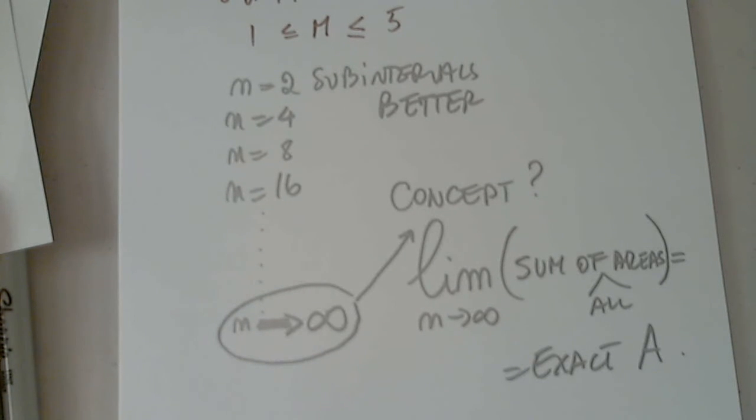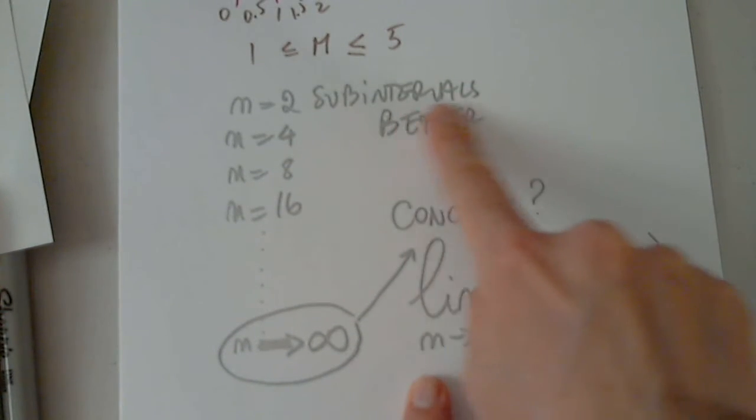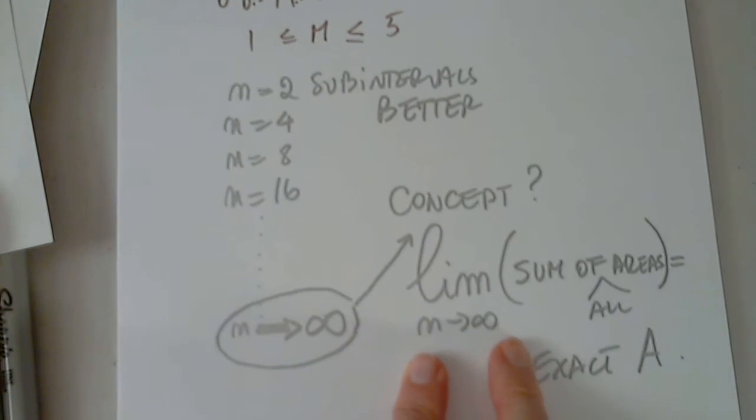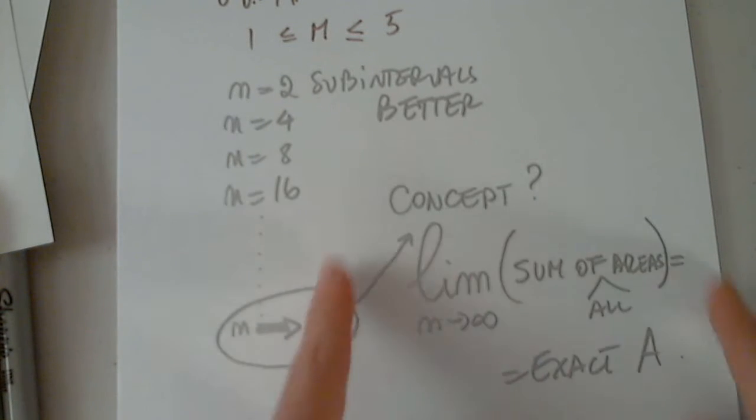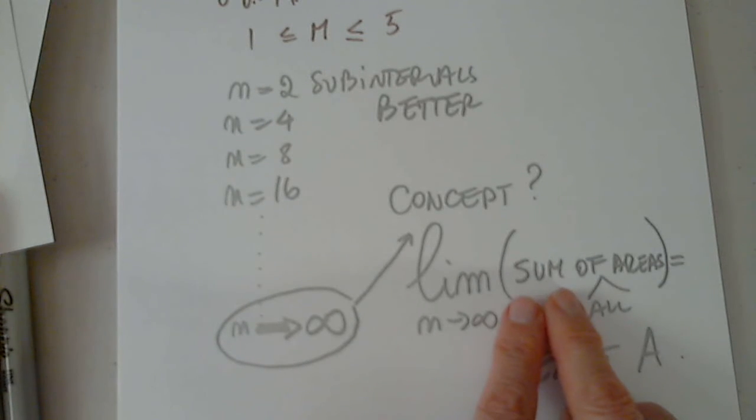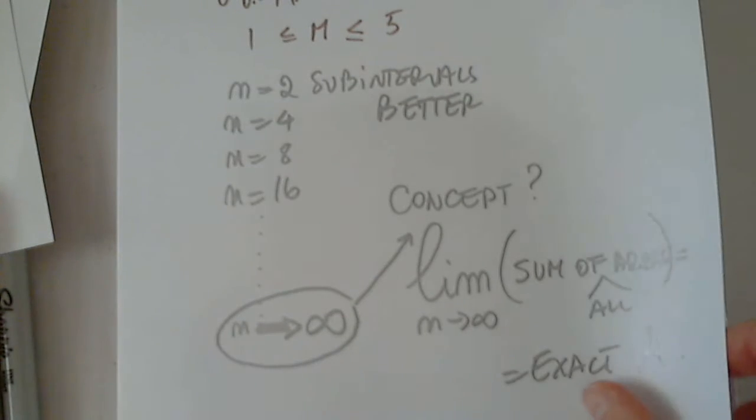The moment I am able to find the limit as the number of subintervals goes to infinity from the sum of all rectangles, that will be guaranteed to be the exact area. Before I finish this up, I have to talk about a notation called the summation notation. And I'll come back.